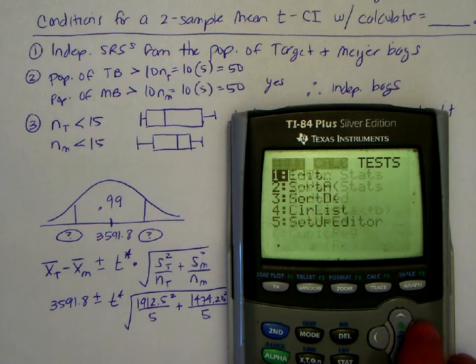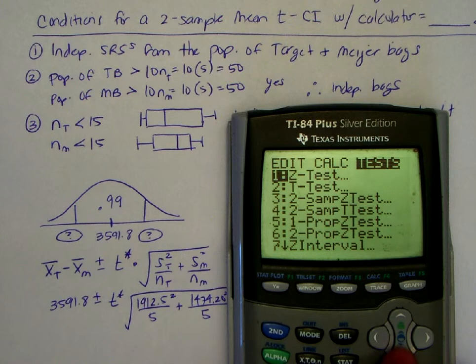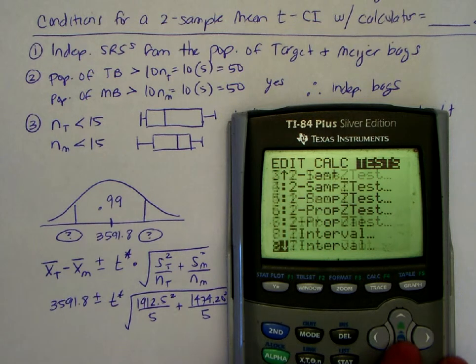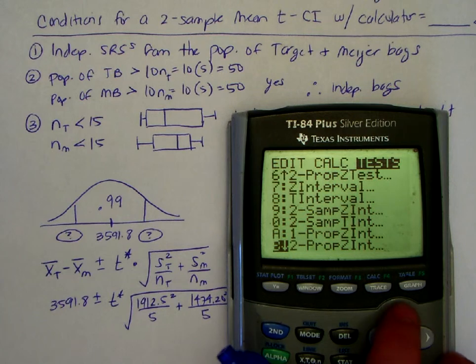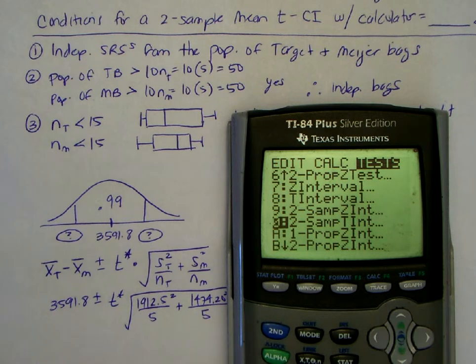Stat, test. We're doing an interval, 2 sample, and it's not proportion, so please do not use that. It should be pretty obvious, 2 sample t, and means are almost always t's. It'd be very rare for us to know the population standard deviation of the capacity of bags.